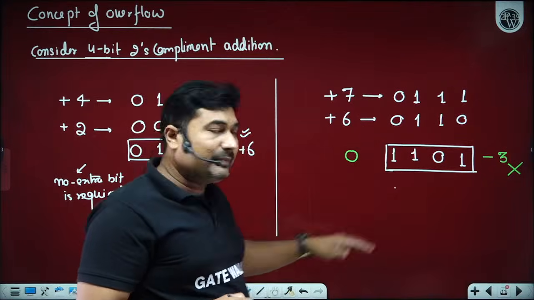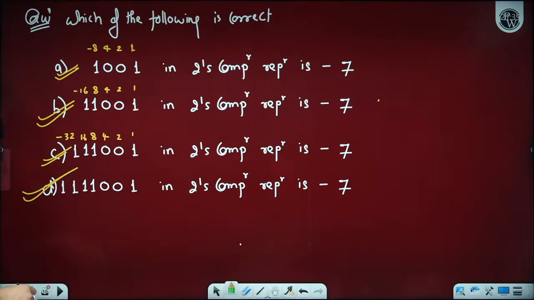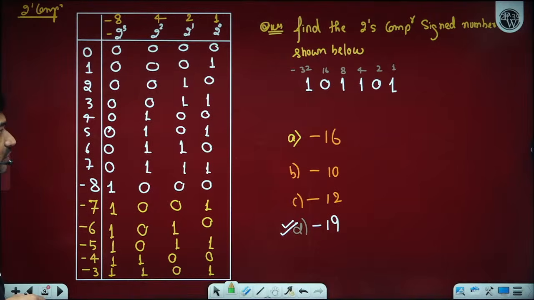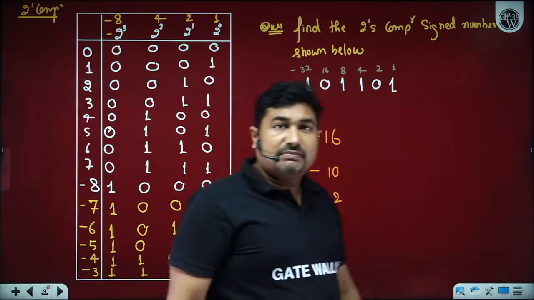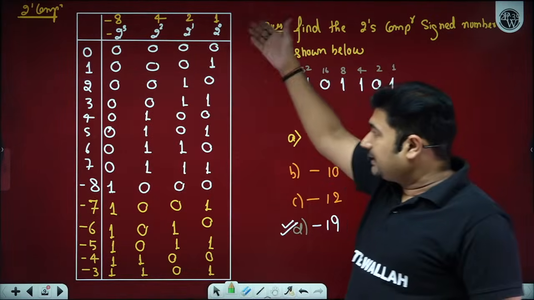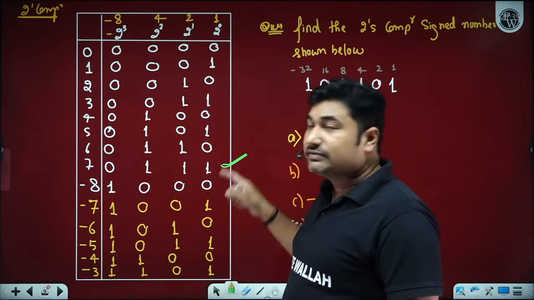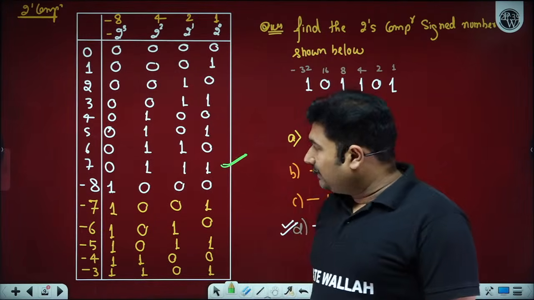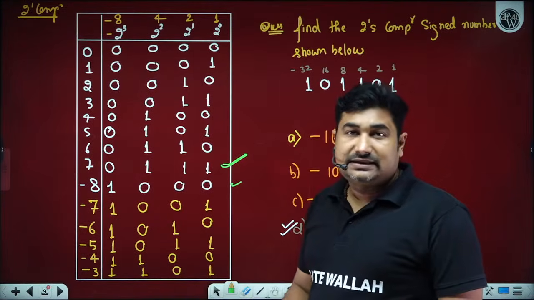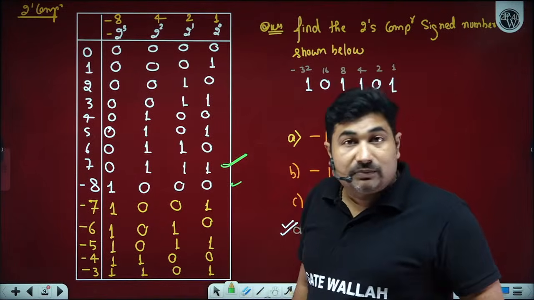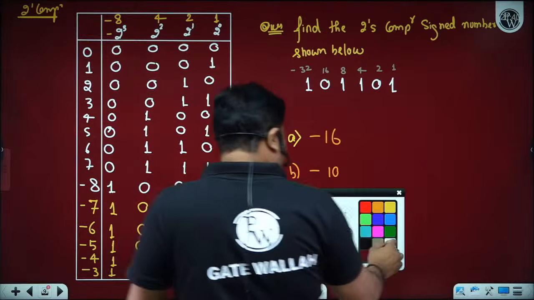Why did this happen? What is the maximum number that we can represent in 2's complement? For 4 bits, the maximum positive number is plus 7, and the minimum number is minus 8. So what is the range of 2's complement numbers?